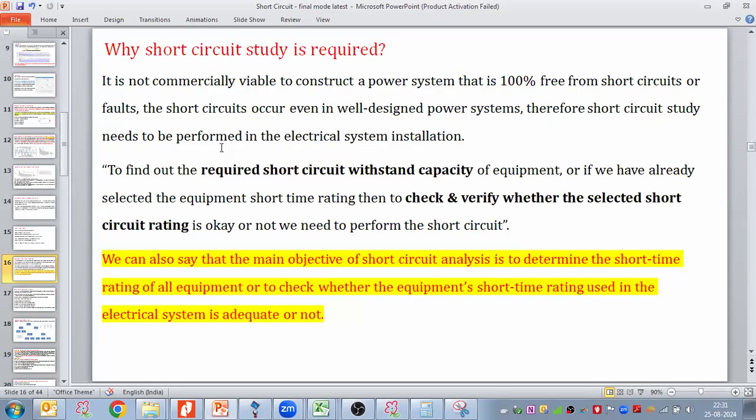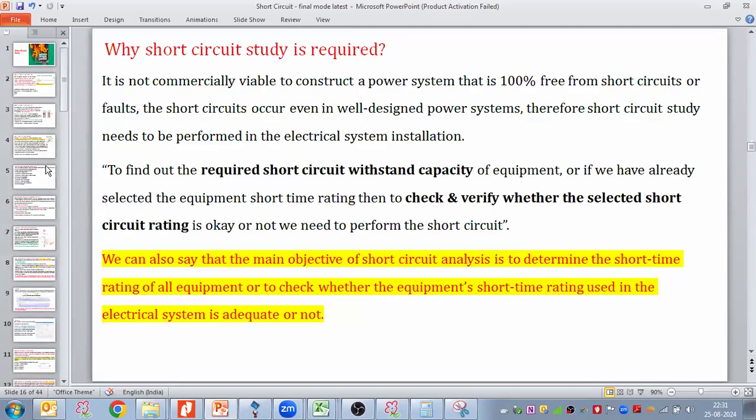The reason to perform the short circuit study is to find out the required short circuit withstand capacity of equipment. Am I okay with this? Yes, sir. Again go to my page number 2.